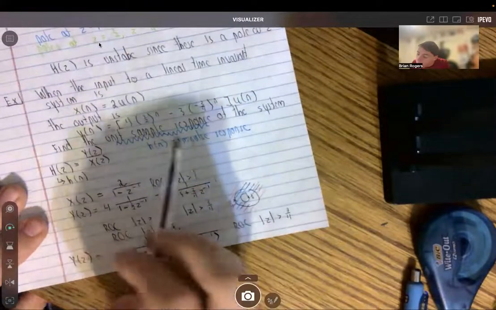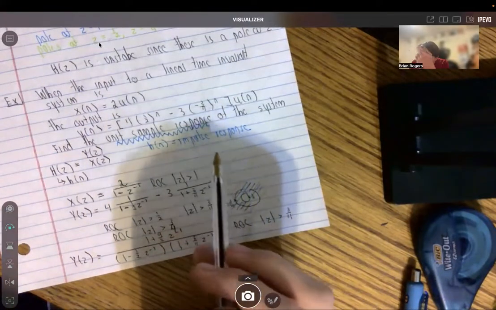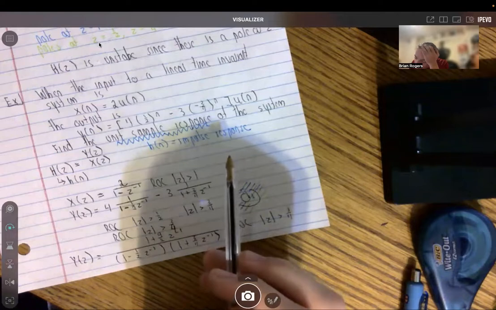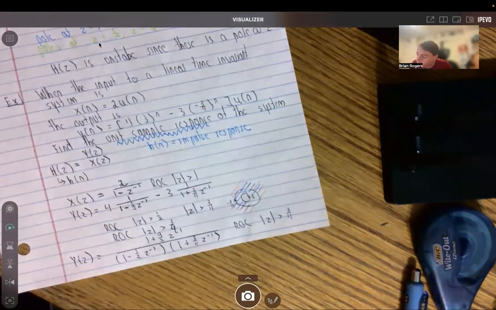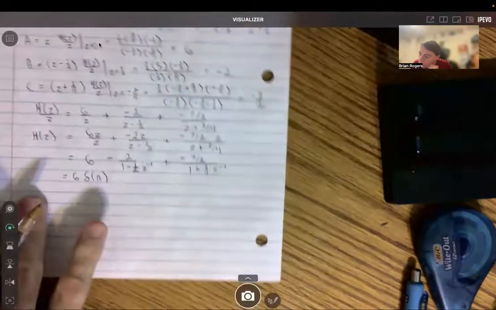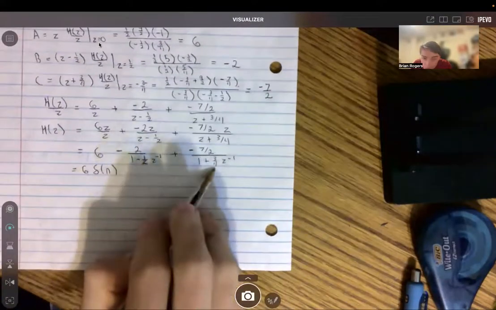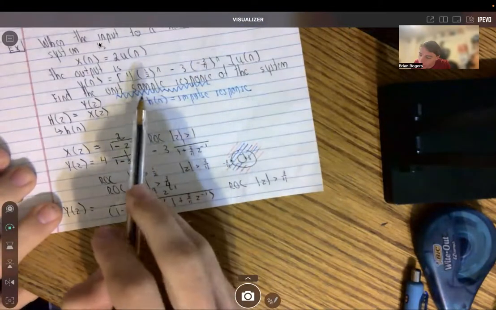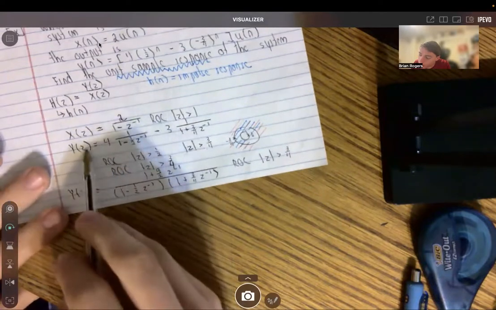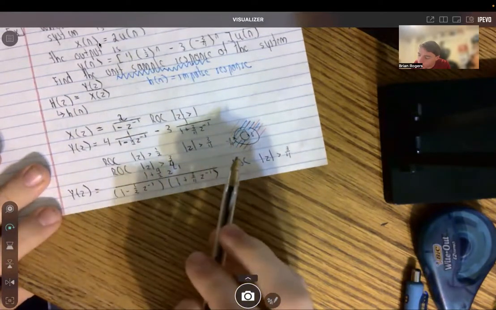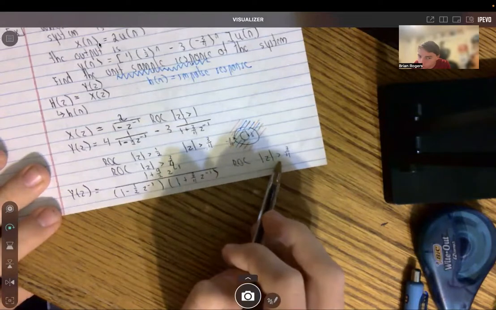Well, what we determined was by looking at these poles. So we have a 1/2 and a 3/4. Now I'm looking at my region of convergence for my Y of z, and didn't I have a 3/4 and it was causal there?